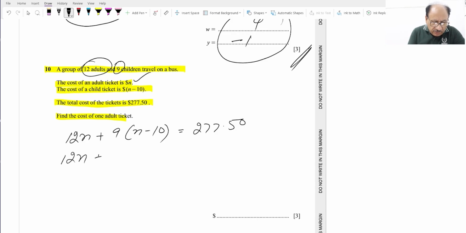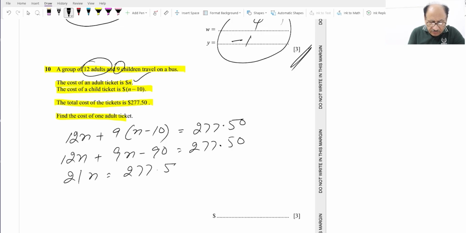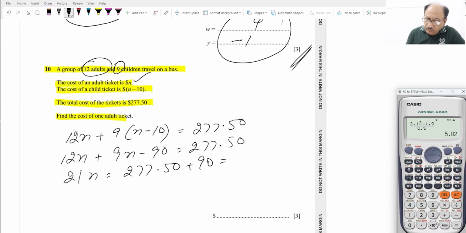So 12n plus, we will open the bracket, 9n minus 90 is equal to 277.50, and we can write it as 21n is equal to 277.50 plus 90. 277.50 plus 90 will be equal to 367.5.